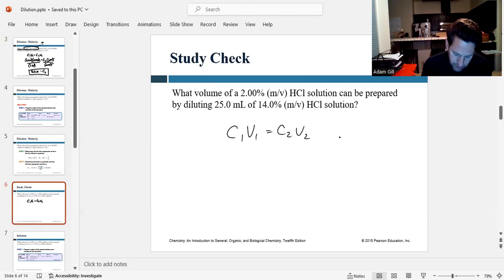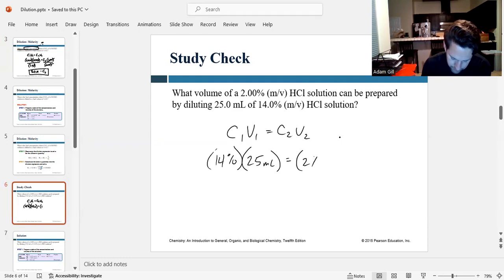The initial concentration was 14%. The initial volume was 25 milliliters. The final concentration is 2%. And the final volume is what we are trying to figure out.